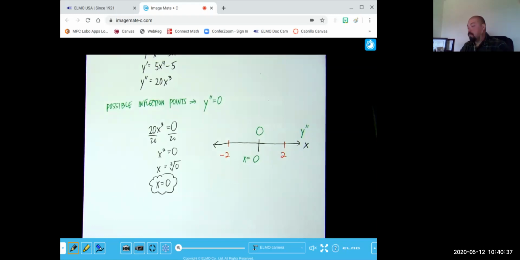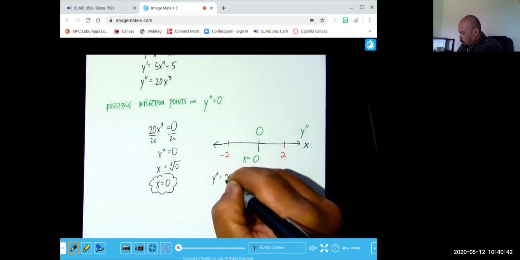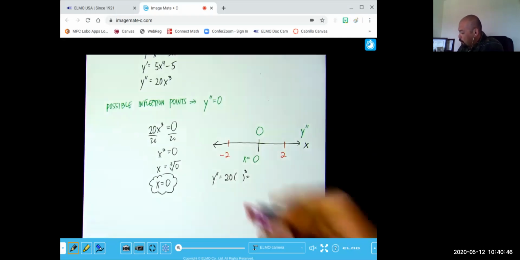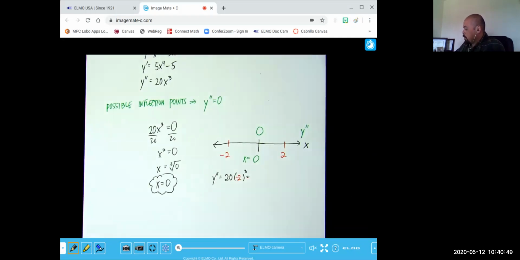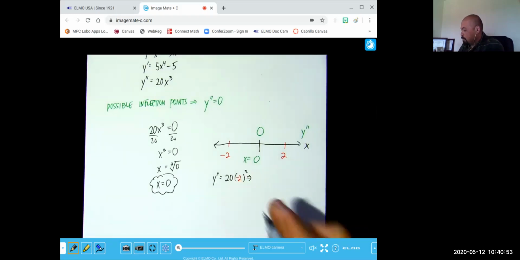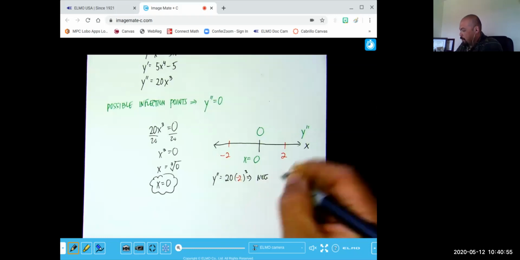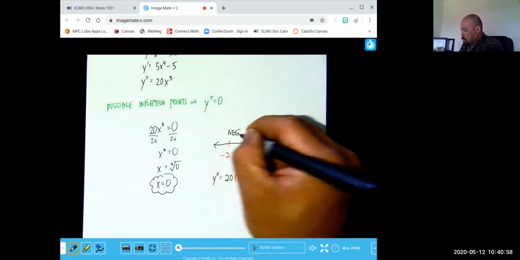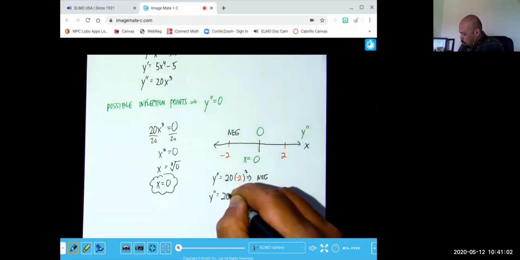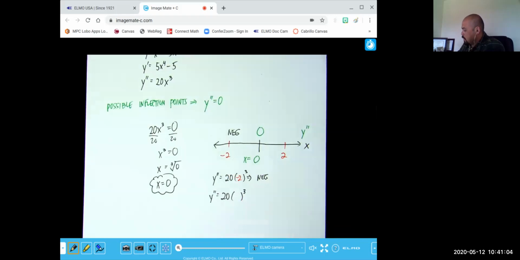When I plug into my second derivative, negative 2 cubed, negative 8 times 20, negative, right? When we look at positive 2, all positives here, so of course that's going to be positive.